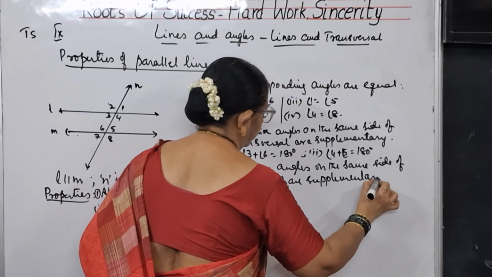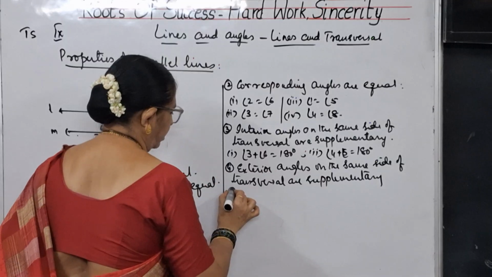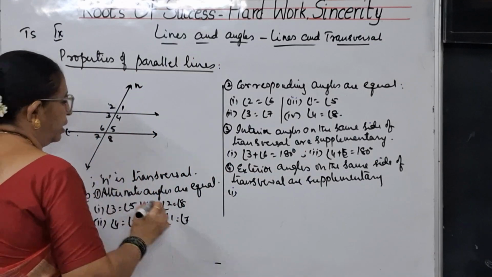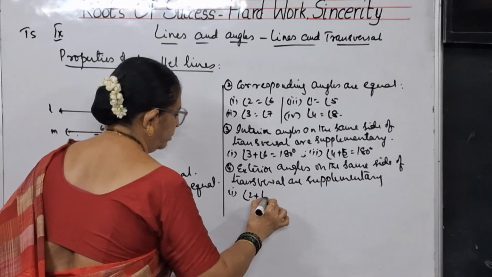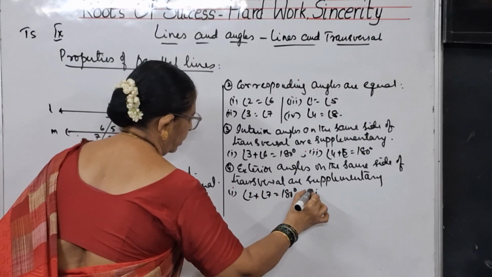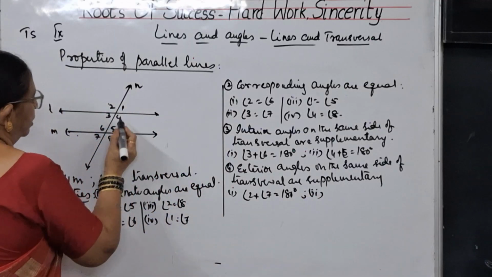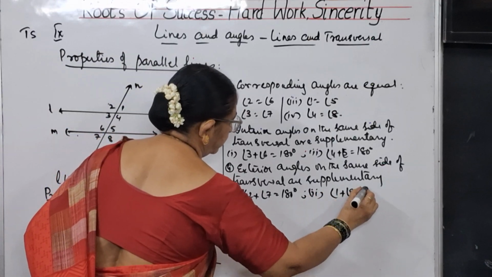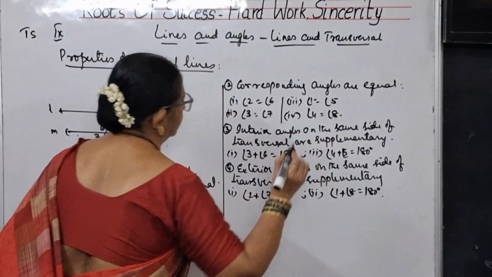They are also supplementary. Exterior angles on the same side of the transversal: that is angle 2 and angle 7. Angle 2 plus angle 7 is equal to 180 degrees. And the second set is angle 1 and angle 8. Angle 1 plus angle 8 is equal to 180 degrees.